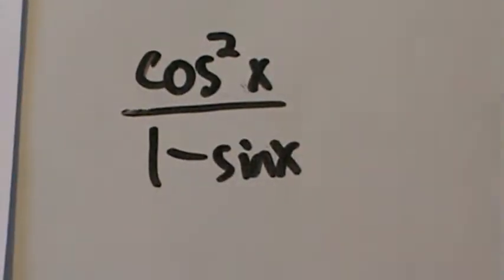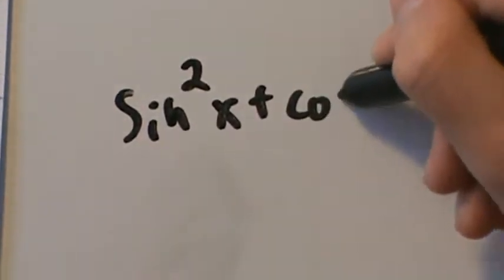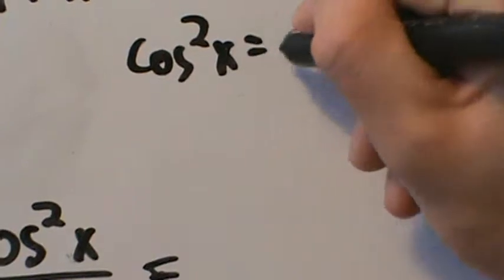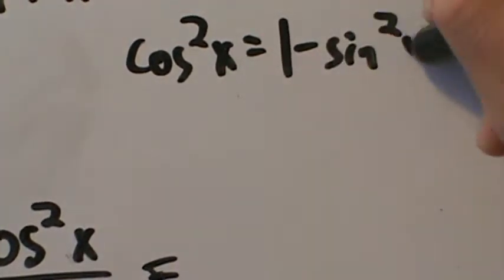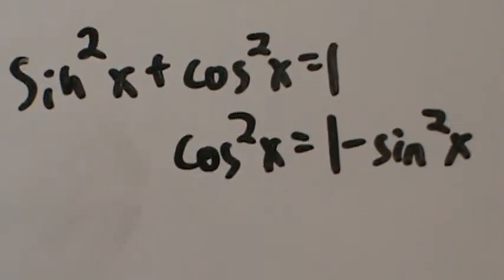So sine squared of x plus cosine squared of x is 1. I can subtract sine squared from both sides, and I end up with cosine squared of x is 1 minus sine squared of x. That comes directly from the Pythagorean identity.